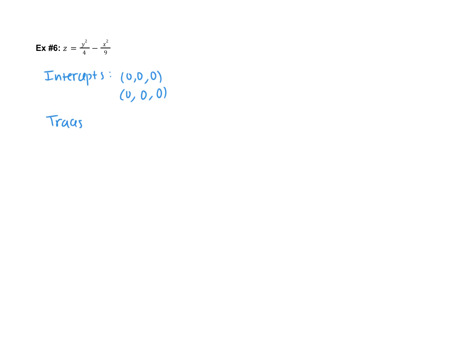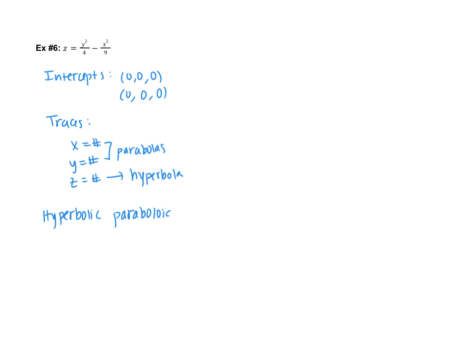And for our traces, x is equal to some number, y is equal to some number, and z is equal to some number. The first two give us parabolas. And then we have a hyperbola. So we get a hyperbolic paraboloid, aka the graph that looks like a saddle.